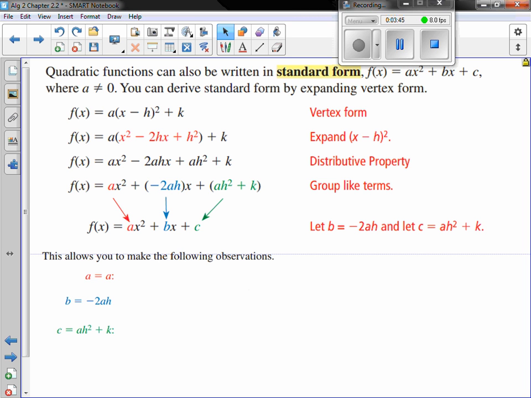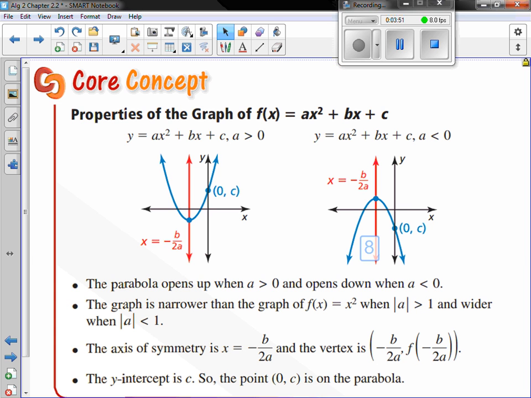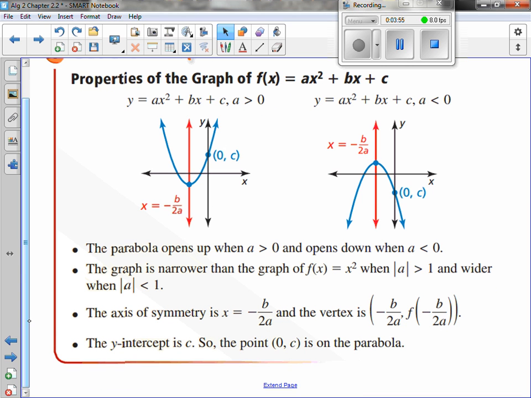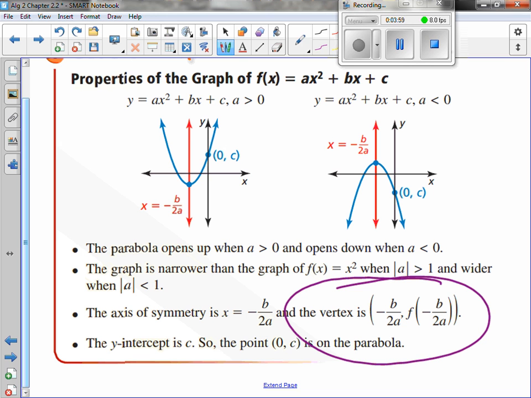Now there's ways that we can relate a, b, and c to our h and k with vertex form, but we're not going to worry too much about that. When we're given it in standard form, the vertex is this right here: negative b over 2a, comma, f of negative b over 2a.